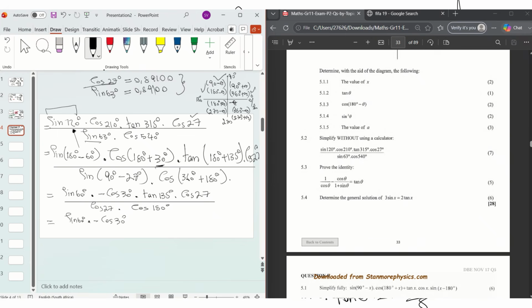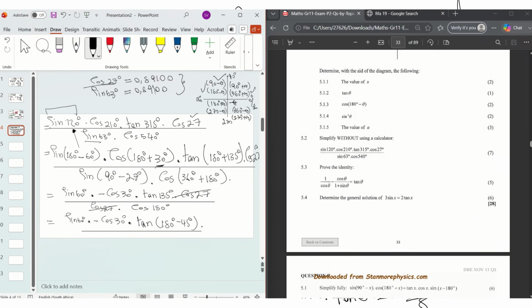We have an angle greater than 90 degrees, so we need to reduce tan 135. 180 minus 135 gives me 45. So I have 180 minus 45 degrees. Okay, multiplied by cos 27, and cos 27 will cancel, right?